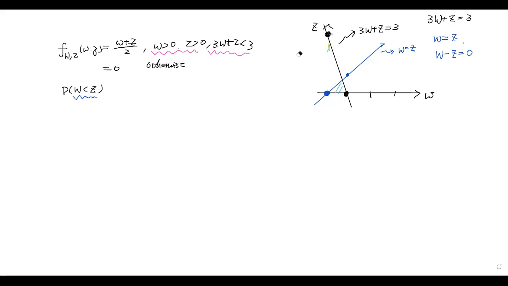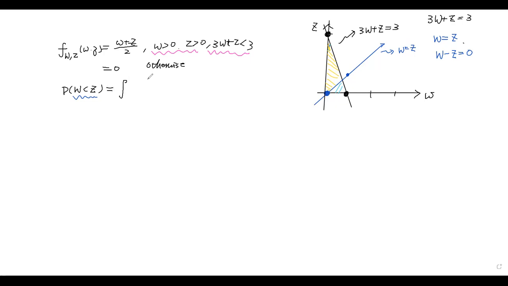All right, now I know my common area is this yellow area, and this is the region for which I want to find the probability. The remaining step is to use calculus 2 double integration.